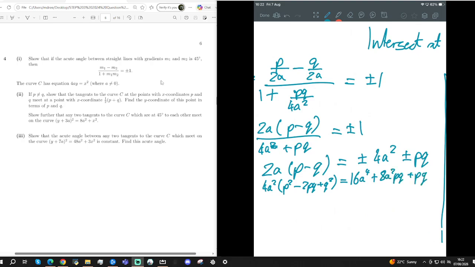And now I'm noticing that I've got a minus 8a squared p squared and a positive 8a squared p squared, so I can bring them together. And again, I'm thinking the best way to do it, I could divide through by 4a squared. Let's divide through by 4a squared, because I know on the other equation that I do have a fraction that's a little bit similar. Plus 2pq plus p squared q squared over 4a squared.